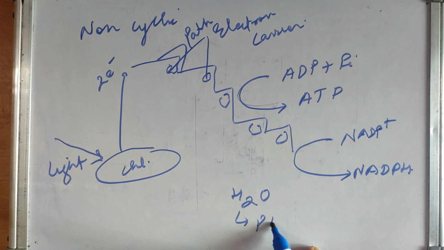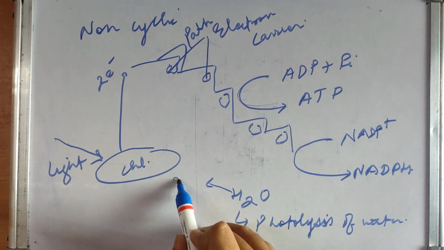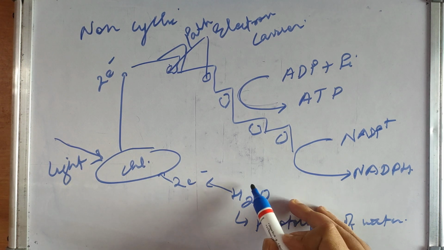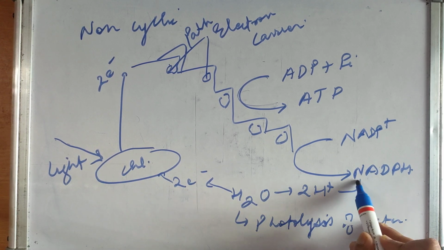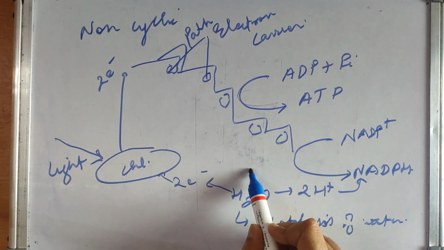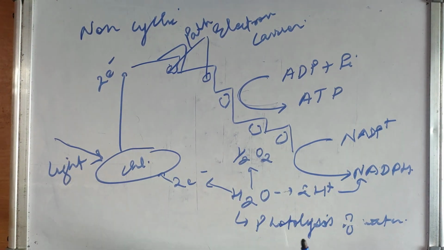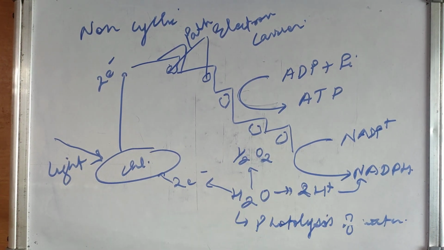This is water, and you will see how photolysis takes place. Here 2e returns back, and here 2H plus is produced, which goes to NADPH, and half O2 is also produced.